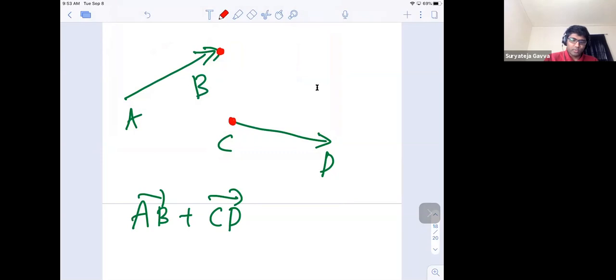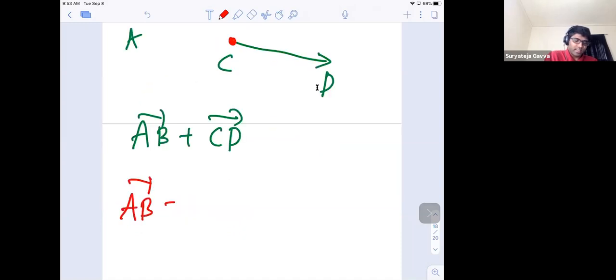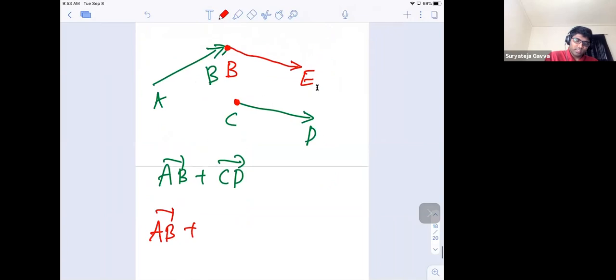There's no difference between this vector and this vector. I can shift CD so to say to BE. So AB plus CD is equal to, because CD is equal to BE, as I said, vector CD is the same thing as vector BE.